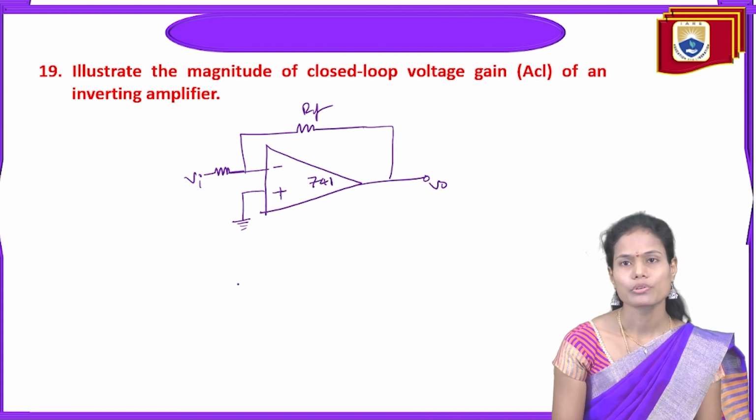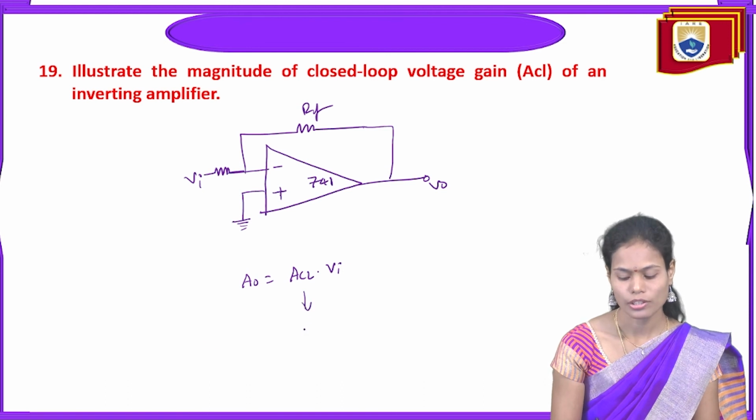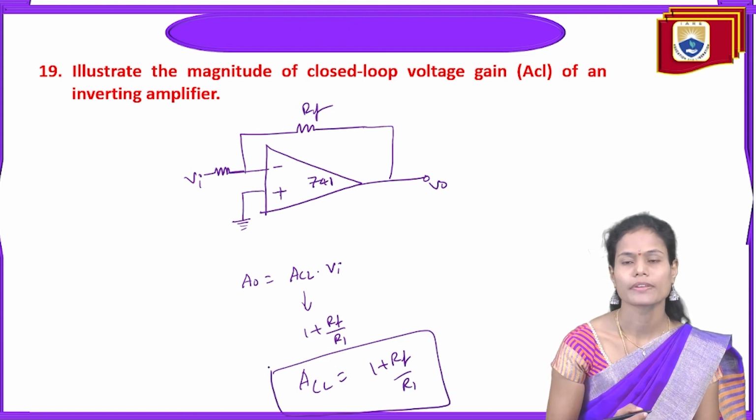So the output voltage is closed loop gain times the input voltage. So this value, if we calculate, is 1 plus RF by R1. So the closed loop gain is equal to 1 plus RF by R1. This value we have already derived in the previous slides. We already discussed it in the op-amp sessions.